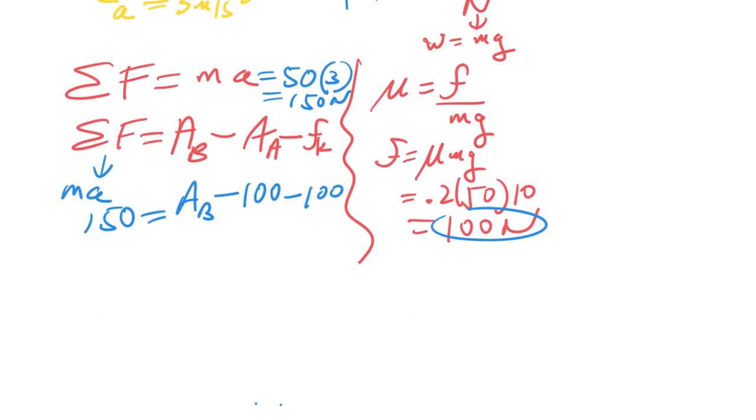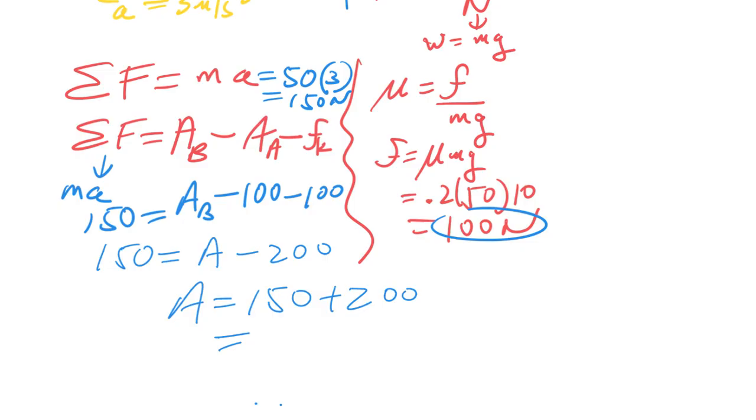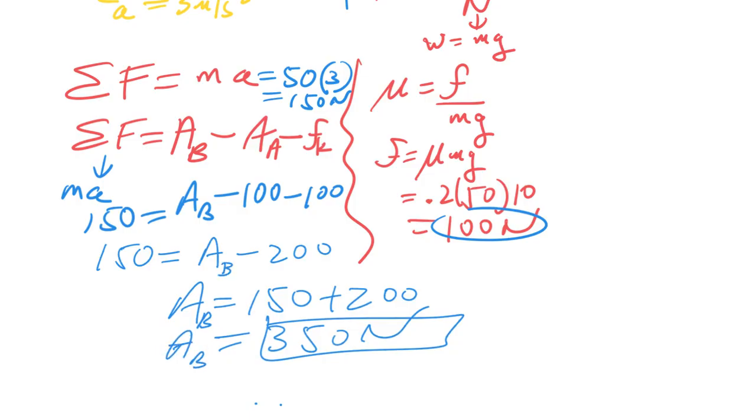So 150 equals FB minus 200. So FB is going to have to be 150 plus 200 newtons, which is 350 newtons. The applied force of B has to be 350 to the left. And that's it.